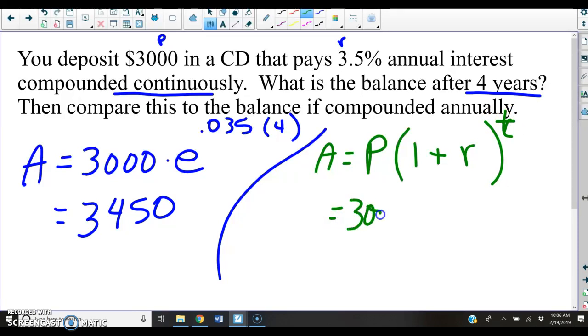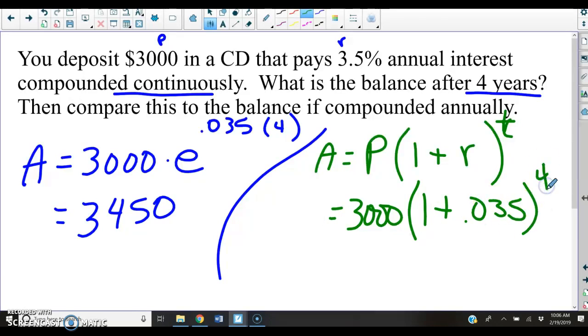So this will be 3,000 times, parentheses, 1 plus 0.035, raised to the 4, which I probably would not have had to do in parentheses. I got 3,442.56.